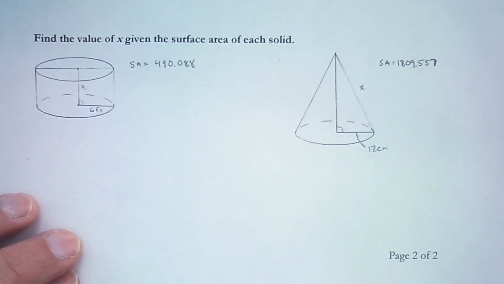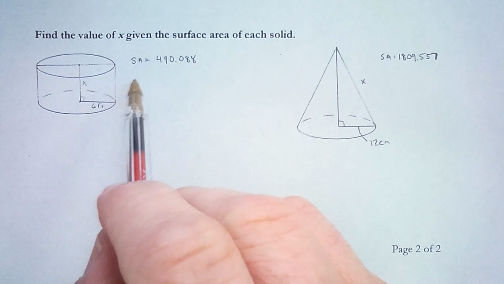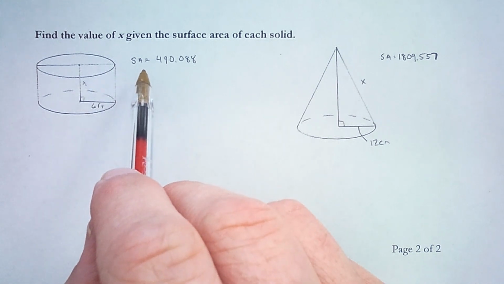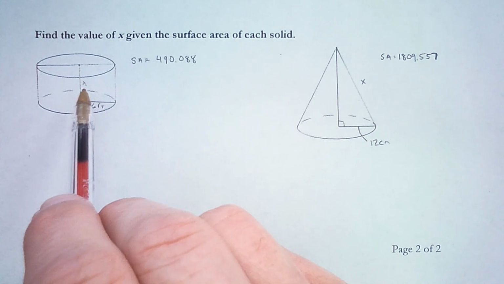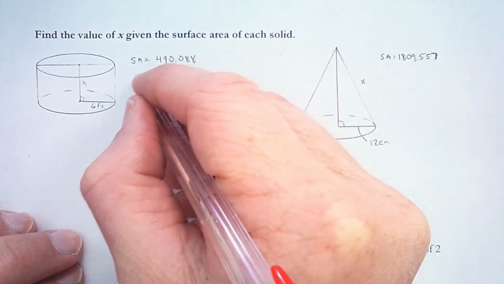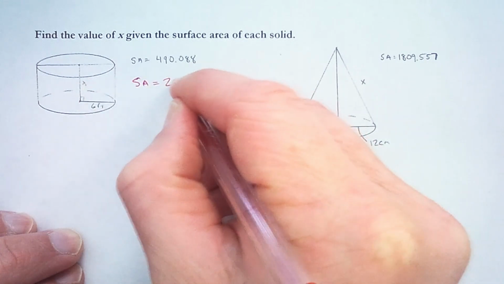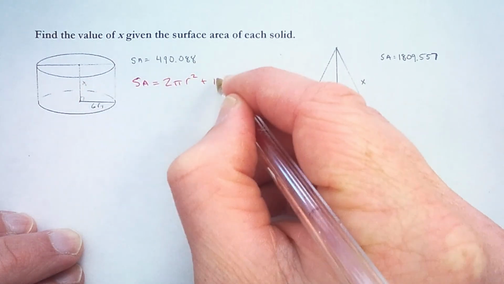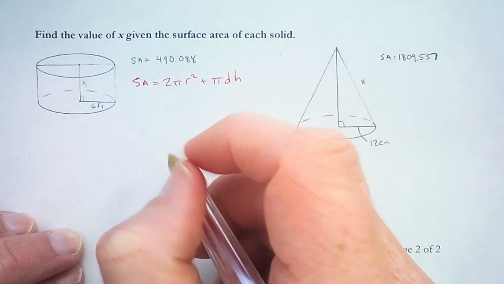Okay, now let's go down to the bottom of this page here. We are given surface area, and we are looking for, in this case, x, the height. So the surface area formula is, for a cylinder, 2 pi r squared plus pi d h.